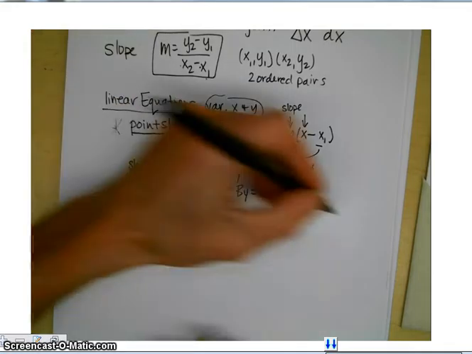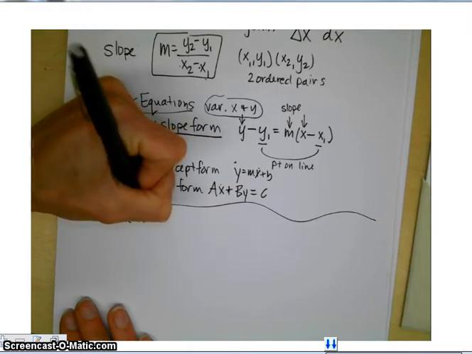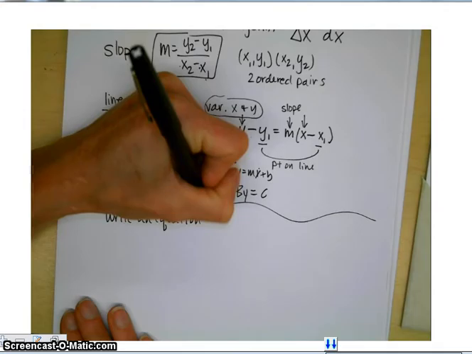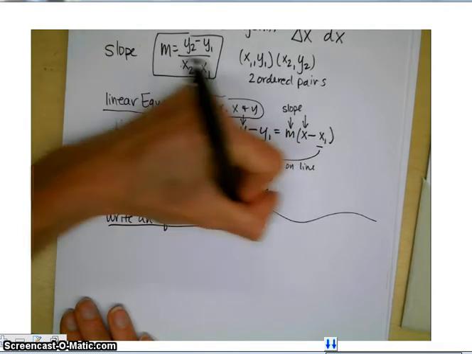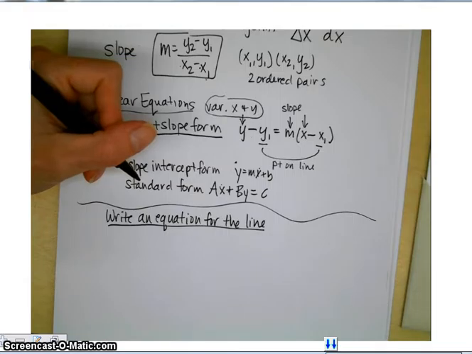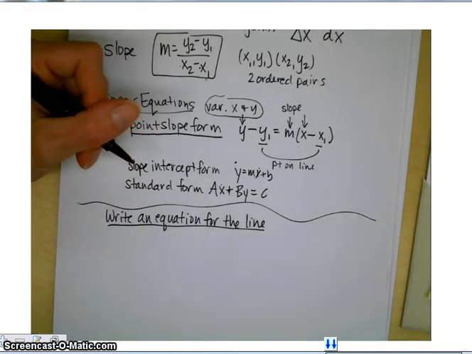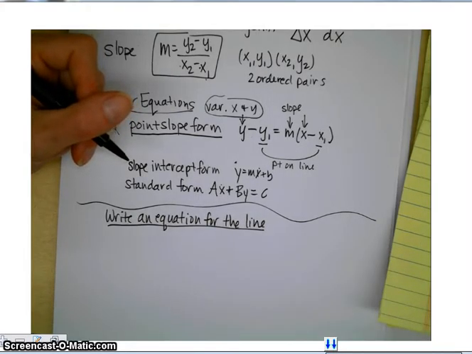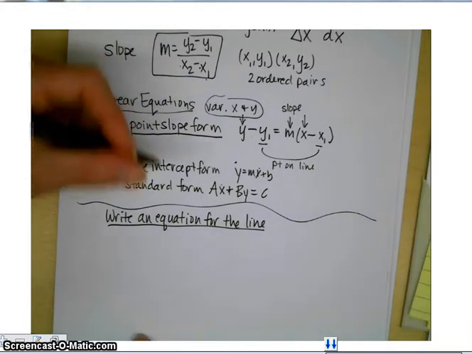Because problems that you have to solve where they say write an equation for the line, and you're given that the line goes through the points 2, 8 and 5, 0.